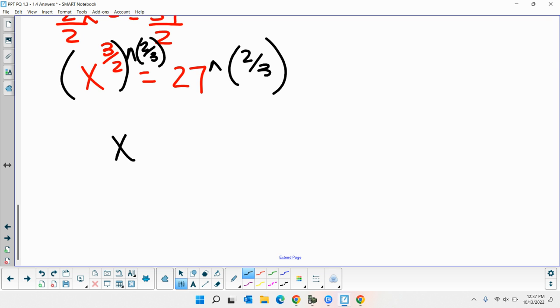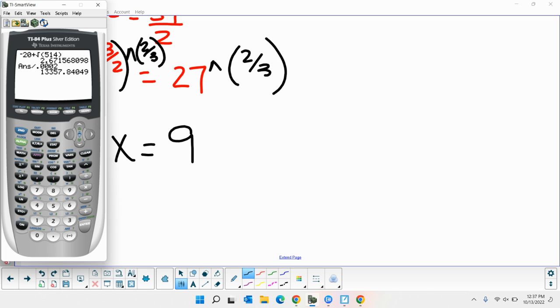So when you do that, you get 9. 27 caret 2/3. In my calculator, I have to put it in parentheses. All right? There's a difference. 27 times 2/3 is 18. That's the wrong answer. Okay? So don't forget the caret button on that last one tomorrow.